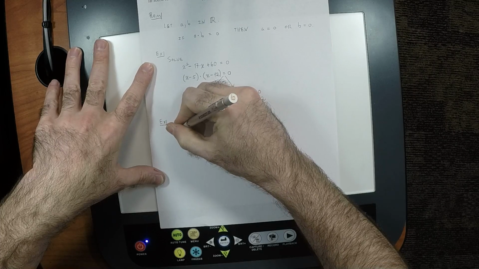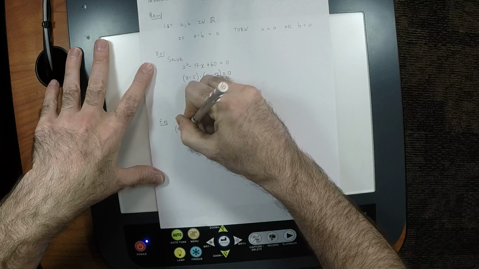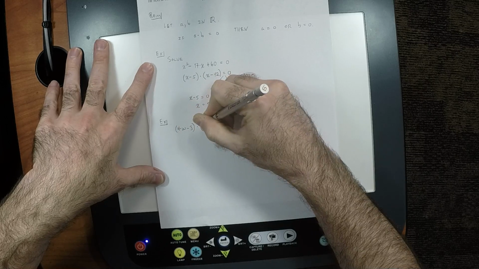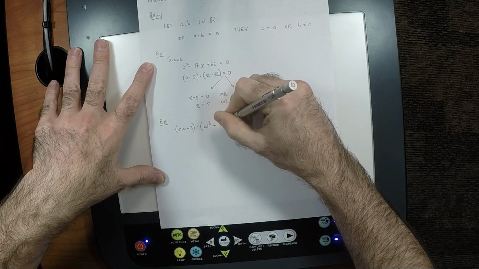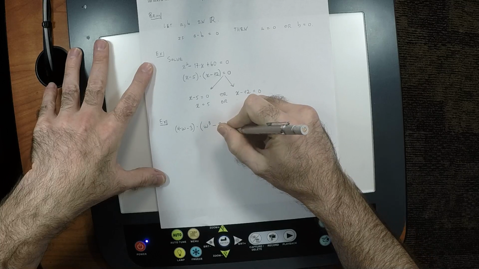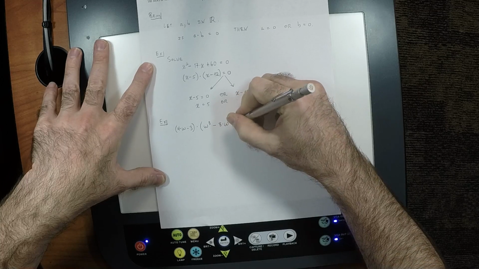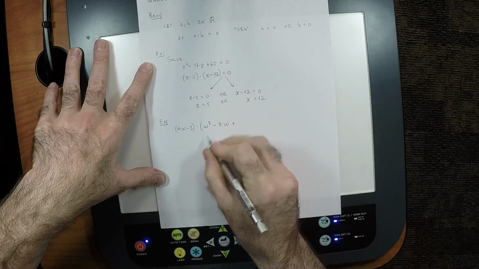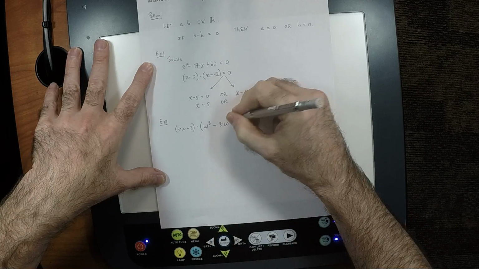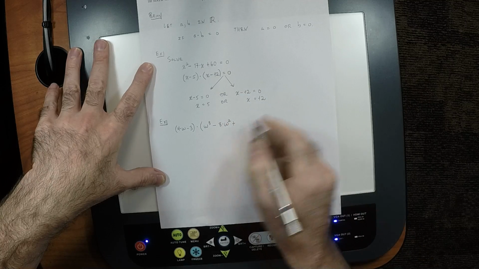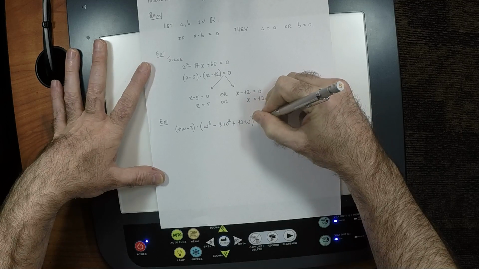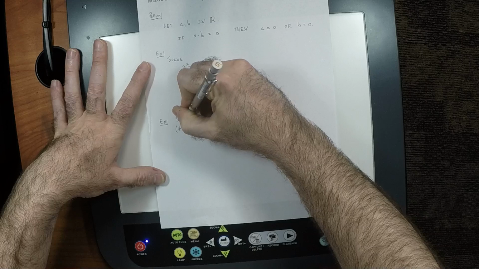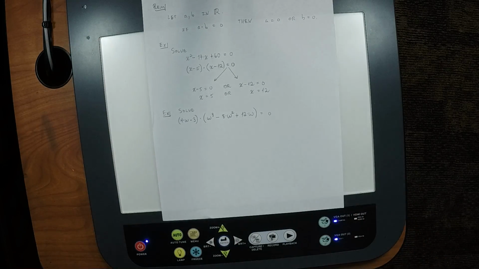How about 4w minus 3 multiplied by w cubed minus 8w squared, and then plus 12w equals 0. And so the request is solve. All right.